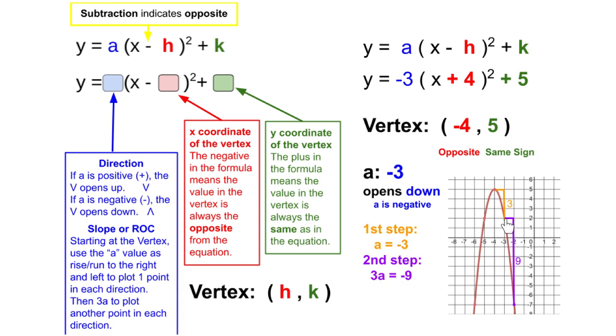And so from that point, you go down 9 to the right 1. And then from this point, down 9 to the left 1. And so you should have a symmetric graph, as if there's a mirror here along this center line. Refer back to this slide if you have any questions. This really summarizes everything you need to know about graphing quadratic functions.